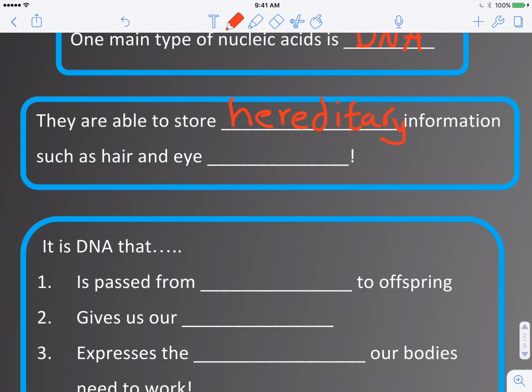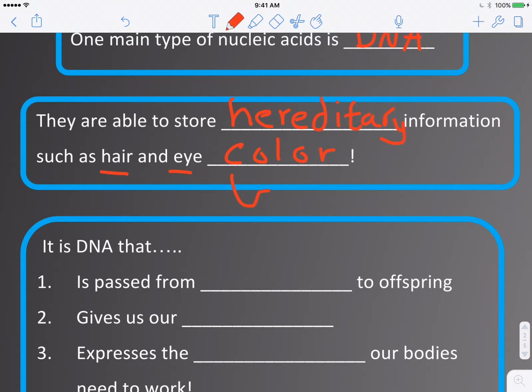Hereditary means anything that you can receive from your parents and pass down to your children. An example of hereditary traits are hair and eye color. These are things that we receive from our parents and why we look like our parents in many ways.